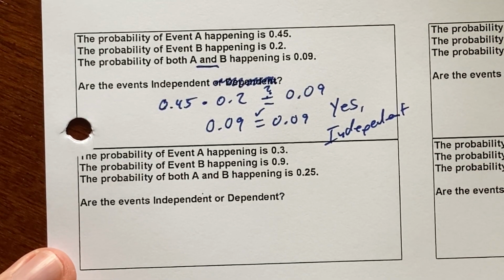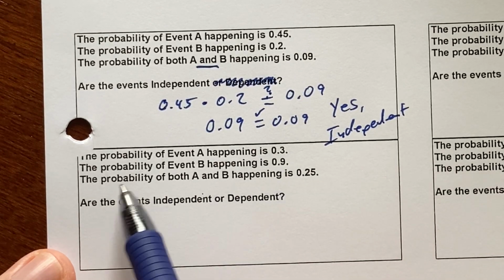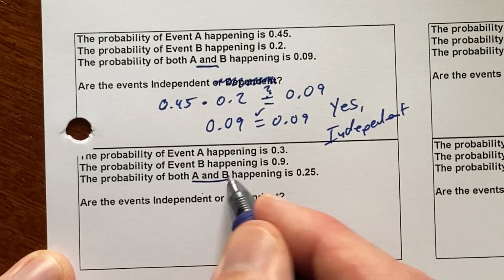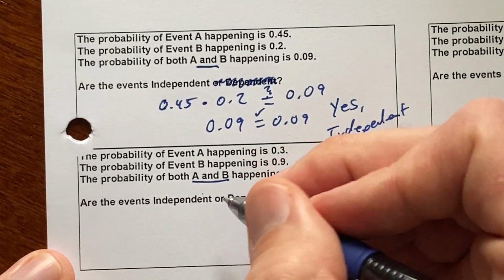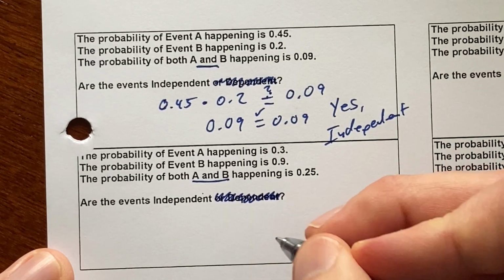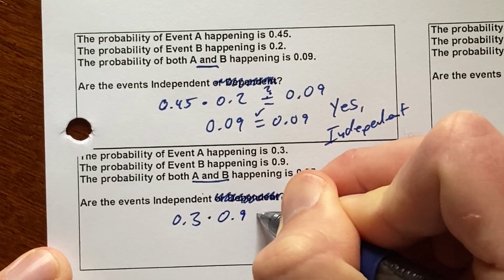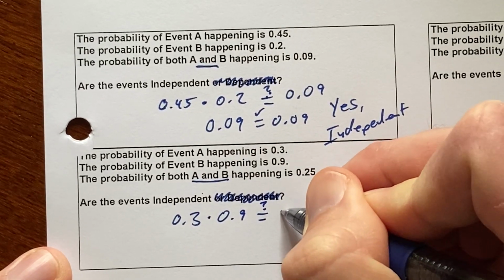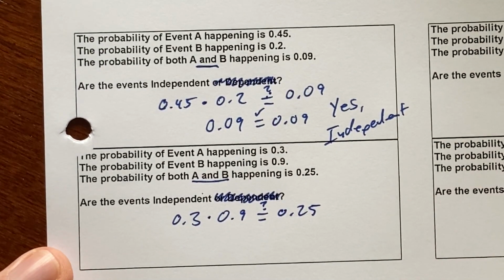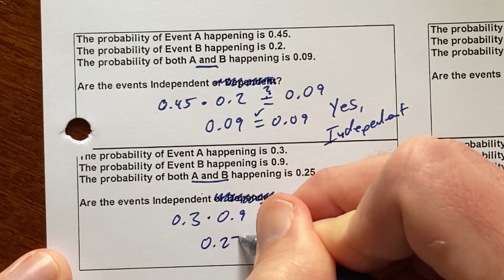Okay. Next one. The probability of event A is 0.3. Event B happening is 0.9. Both A and B happening is 0.25. Are the events independent? Well, let's take 0.3 times 0.9, and we want to know, does that equal 0.25? Punch that in your calculator, you would get 0.27.